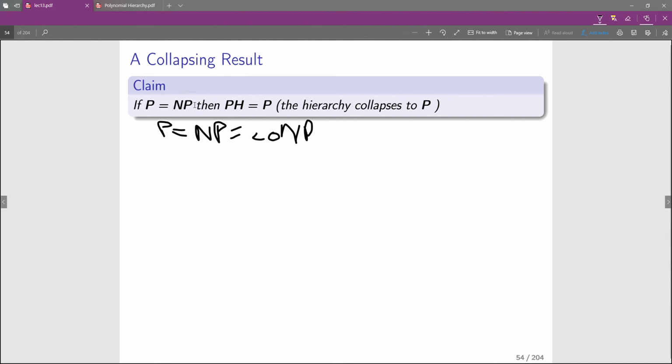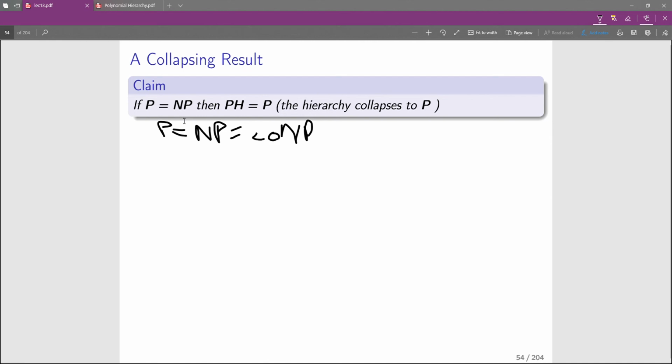If P equals NP, that means all the problems that are quickly verifiable can also be decided very quickly. As P problems are closed under complementation, NP is also closed under complementation, and the NP complement is nothing but co-NP. So this directly follows that co-NP is equal to NP, which is equal to P.